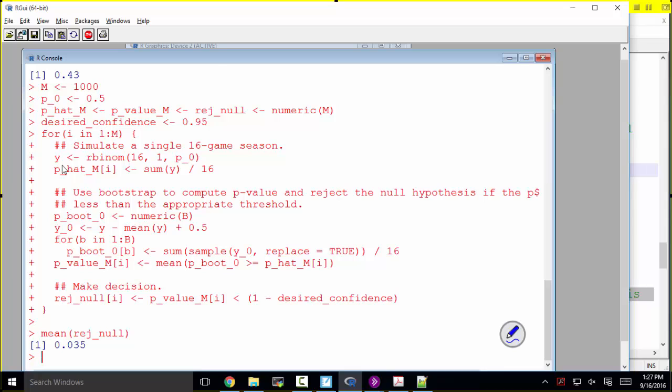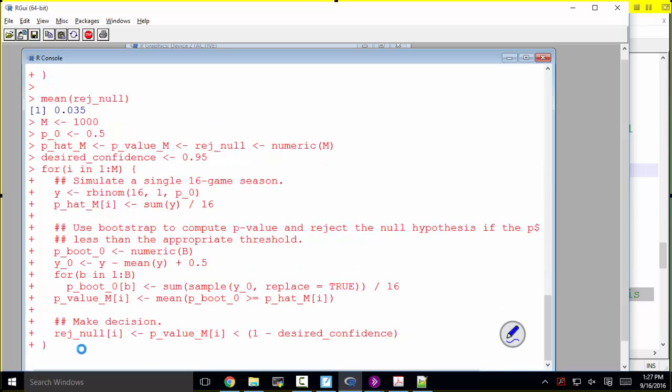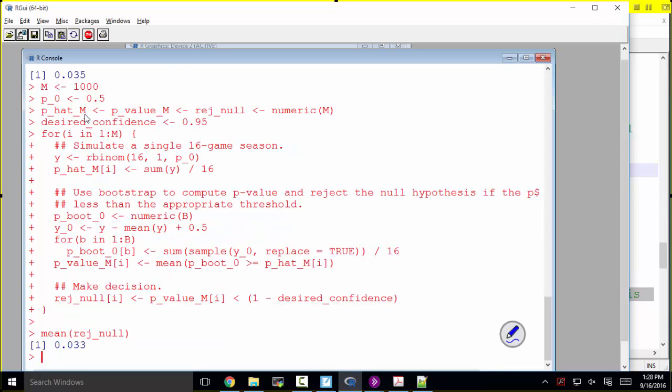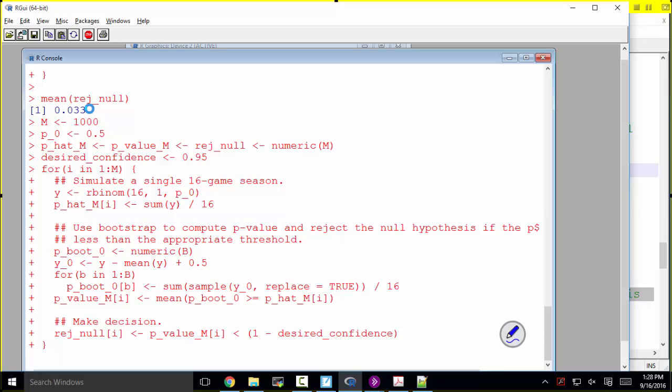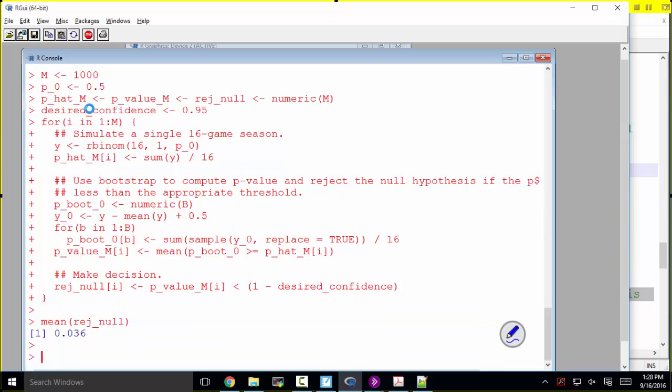By restricting your p-value to be less than, say, 0.05, what that translates to is the probability that if the null really is true, you will incorrectly reject it no more than 5% of the time. We're going to make type 1 errors with probability 0.05. This simulation-based one came up at 0.035. Here's another one, 0.033. The bootstrap is a little bit conservative. We're actually making type 1 errors less frequently than that 0.05, just a little bit.